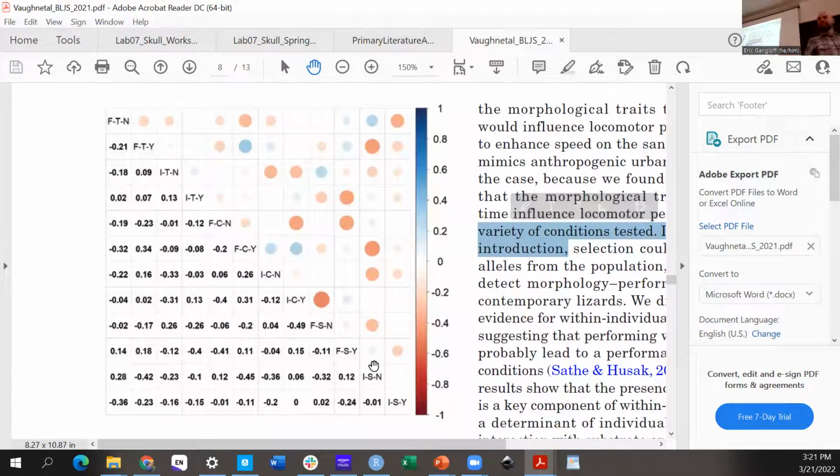It's sort of like a grid, and we can visualize the relationship between a lizard's ability to run under one condition and another condition. Perfect.